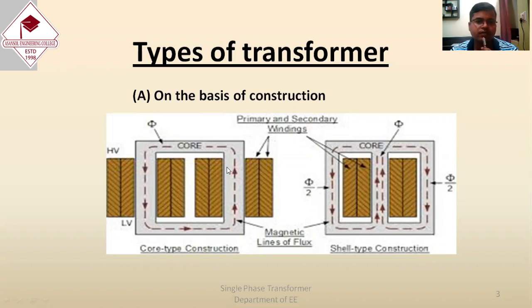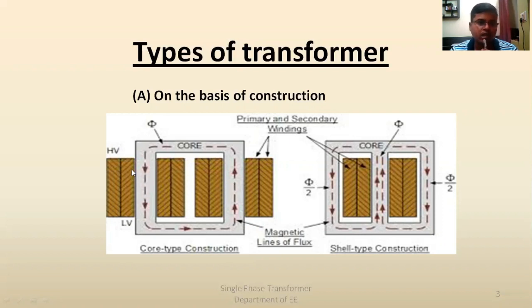As you can see from the figure itself, in core type construction the windings are placed on both the side limbs of this core. And one more thing is important to note that both the high voltage as well as low voltage windings are placed on each limb.